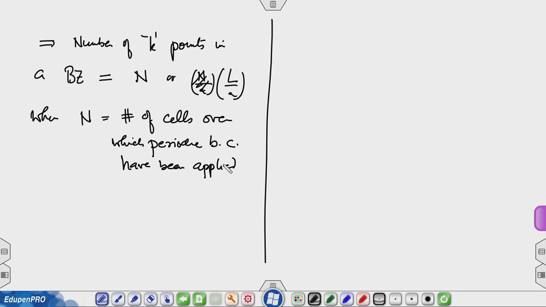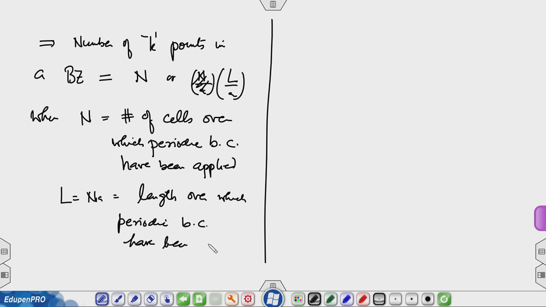Equivalently, in 1D, L equals N a, the length over which periodic boundary conditions have been applied. So, k is quasi-continuous. You heard this term earlier also in the context of free electrons.